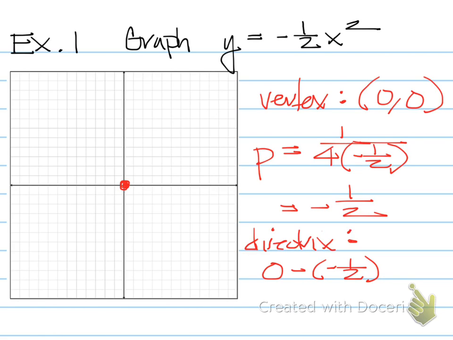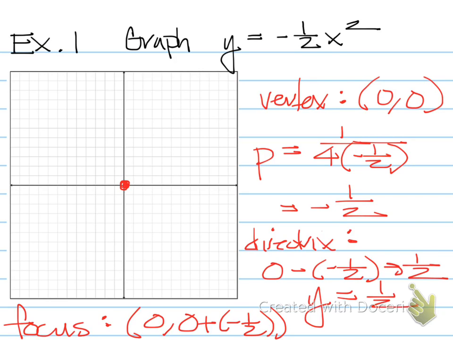So if we subtract p from the y coordinate of the vertex, we get positive 1/2. So the directrix is going to be the equation y equals 1/2. For the focus, we're going to actually add p to the y coordinate. And that's going to give us the coordinate 0, negative 1/2.